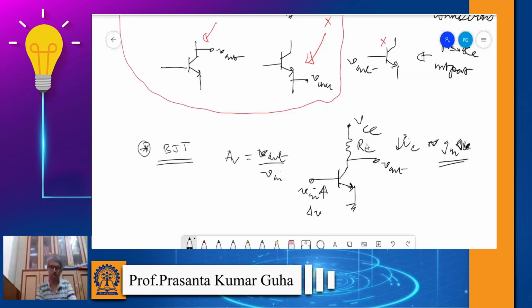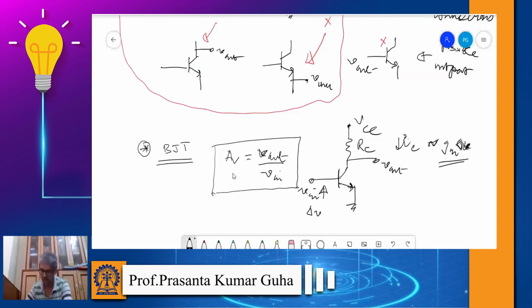So we can relate V out and V in and find the expression of the gain. We will see how gain is related with GM and with beta or with R pi and so on.